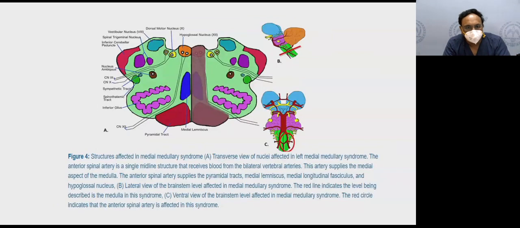This is the medial medullary syndrome, and the affected vessel is the anterior spinal artery. You can see here, the motor tracts are involved, and the medial lemniscus, which carries position sense and stereognosis, and the 12th nerve. So this is involved in the medial medullary syndrome.